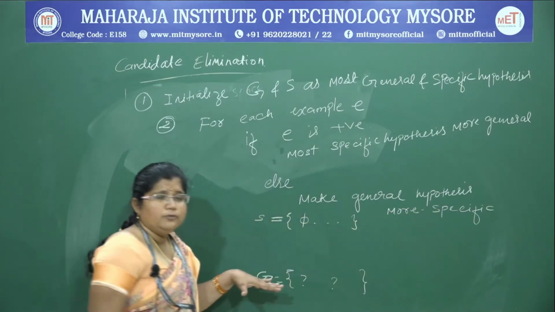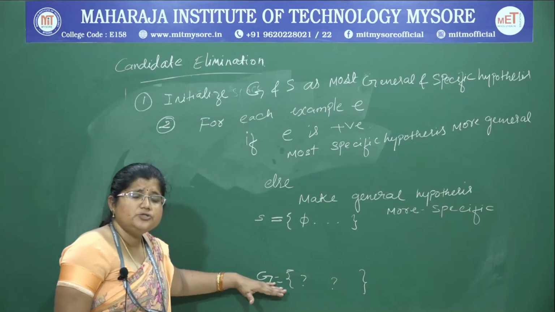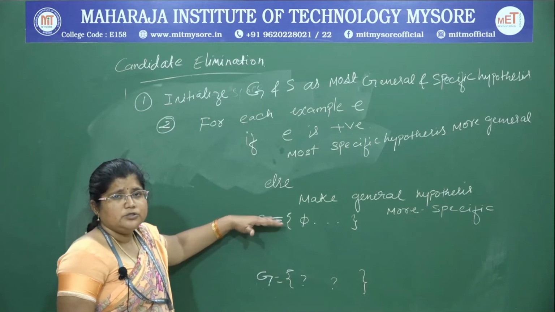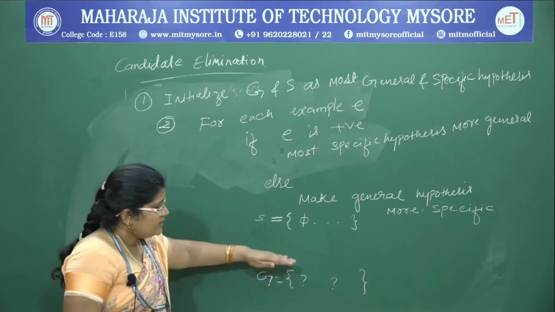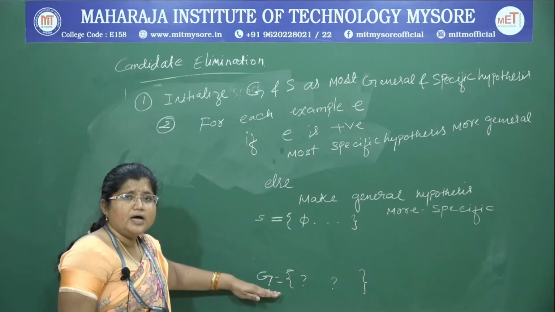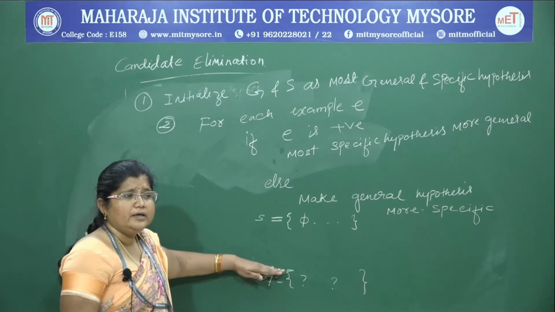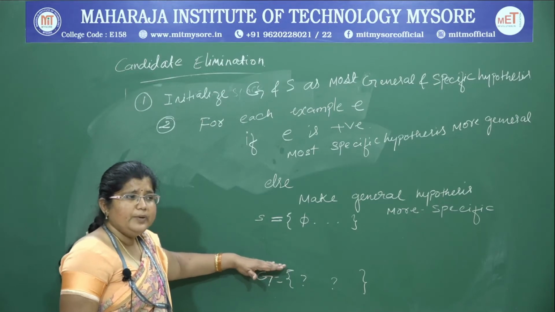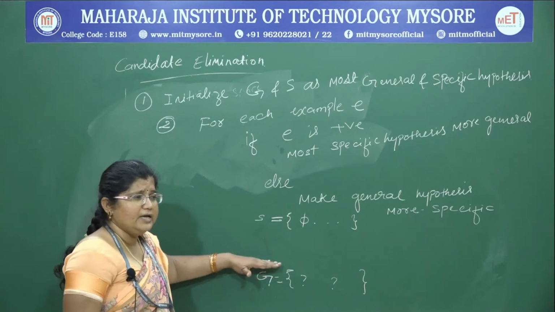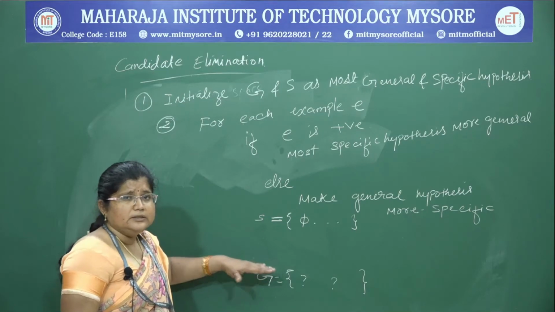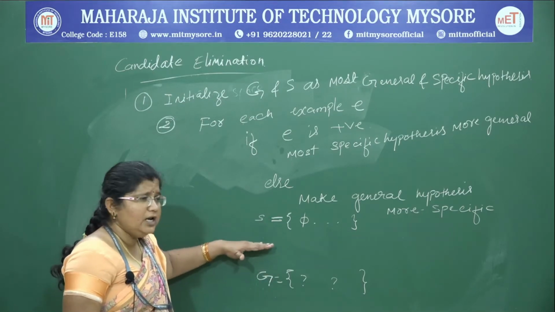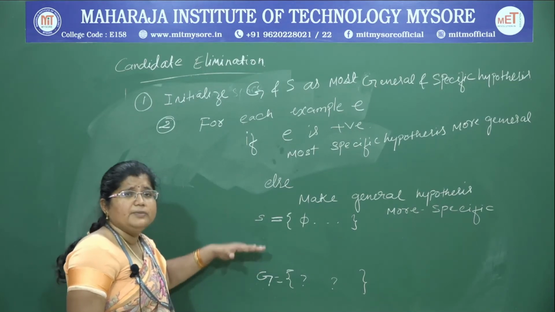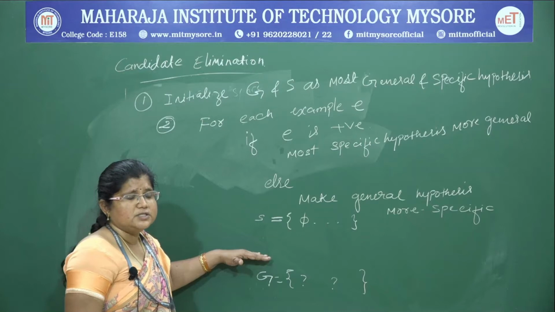So now the version space starts to shrink from the down part to the upper part. Each and every time it starts to move upward, and a boundary is created between the newly generated hypotheses, between the maximally general and the maximally specific hypothesis.